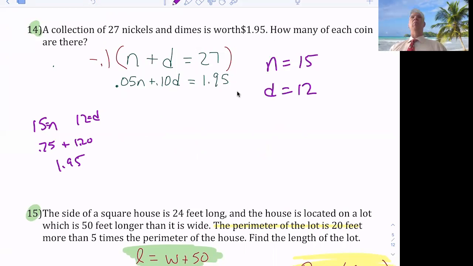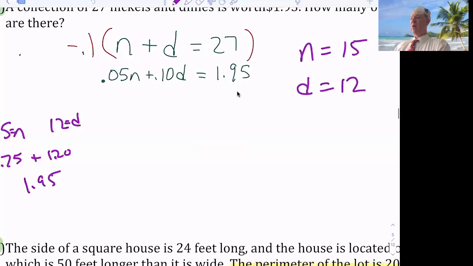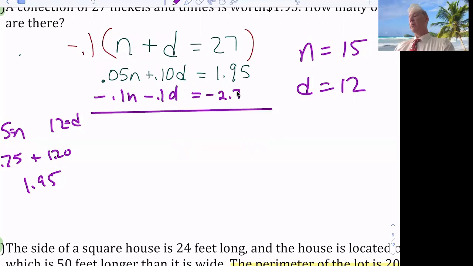You want me to go ahead? Yeah, let's do it. So if we multiply by negative 0.1, that would be negative 0.1n minus 0.1d equals negative 2.7. Now, the problem here is that this becomes negative 0.05n.